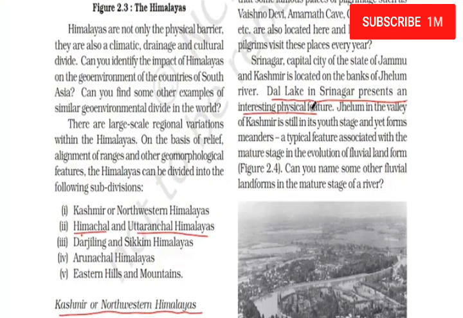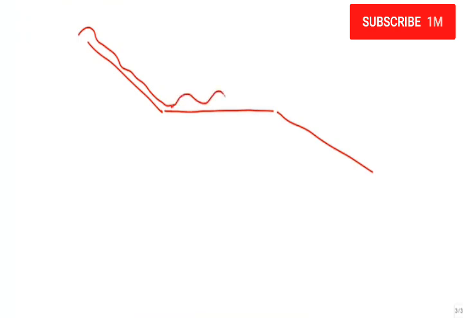Valley means it is something straighter. So when valley is straight, again if you see down, it looks like this. The meaning of this is, first it is like this, then it is like this, then again it is like this. So actually Jhelum is in its youth stage, but as soon as it comes on the Srinagar valley, it moves in this way, and then again it goes down.